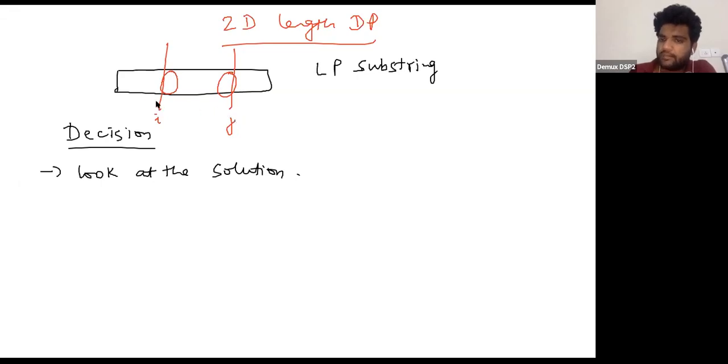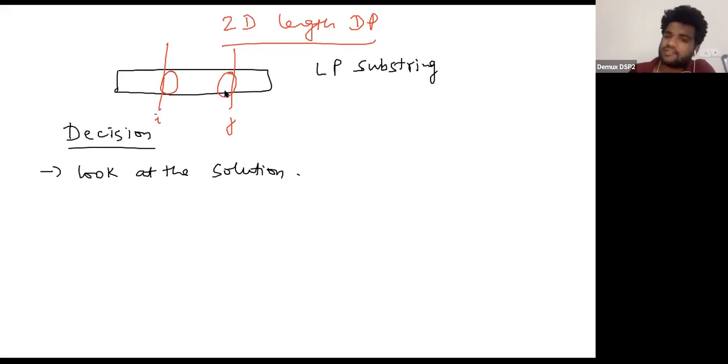So I can define it as the longest palindrome starting at i and ending at j. We can populate all such palindromes, longest palindromic substring starting at i and ending at j. If we are able to do that, then we can take the maximum.